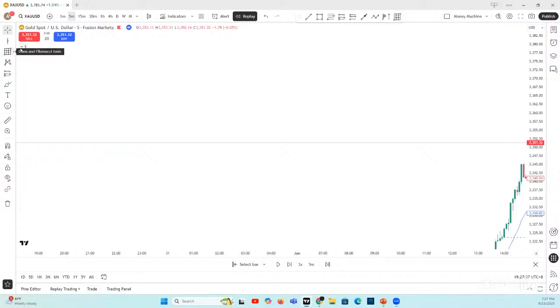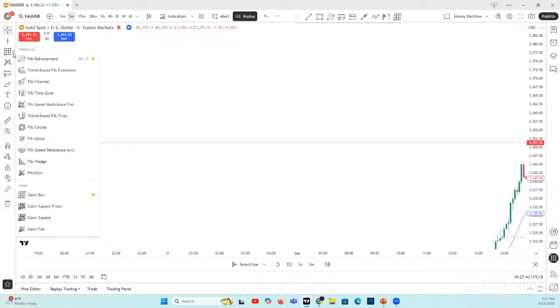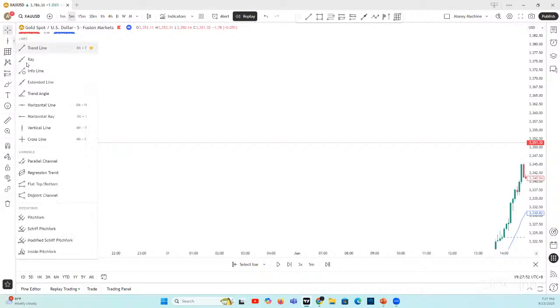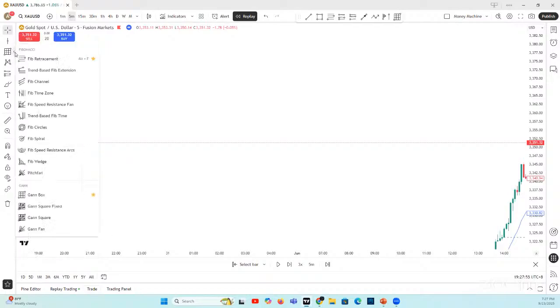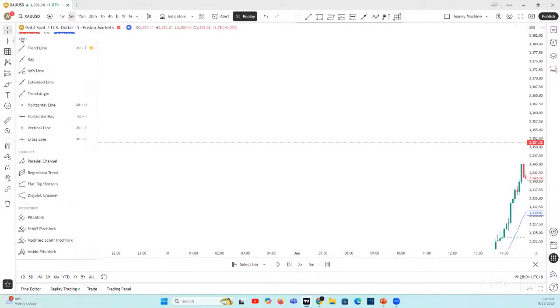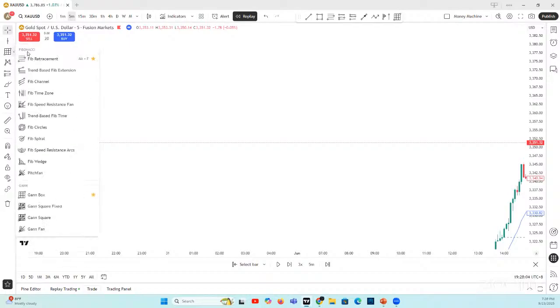Anyway, it is there. I hope we have the same layout in TradingView. These are the lines. Okay, Fibonacci. So it's under Fibonacci, this is the lines. And here, under Fibonacci, it's there: Gann. I made it as my favorite.